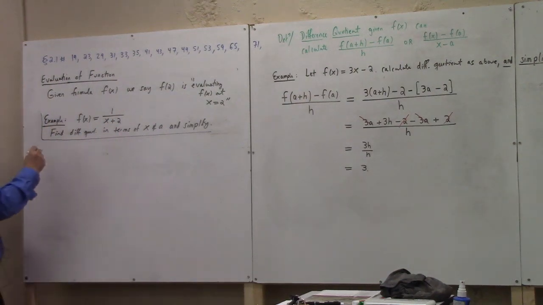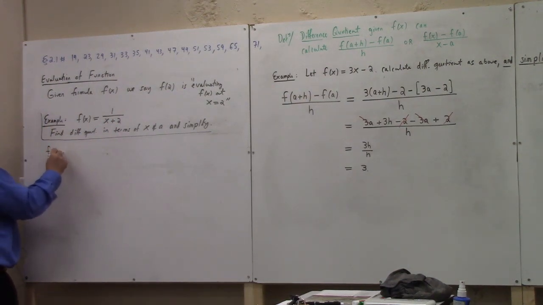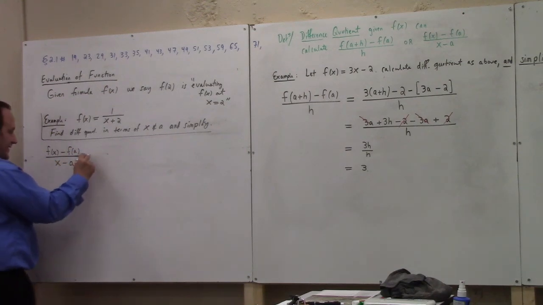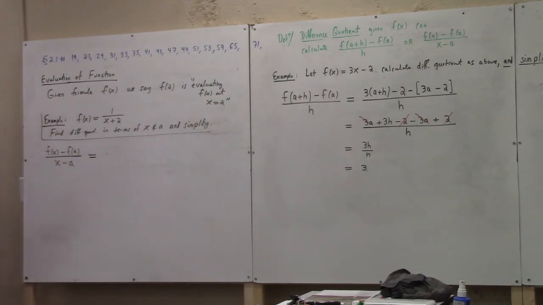So what I'm trying to say is let's do the difference quotient in the second way. Like, let's look at f of x minus f of a over x minus a. Let's work on it that way and see how that goes. So f of x, well, that's given to us, right? 1 over x plus 2.